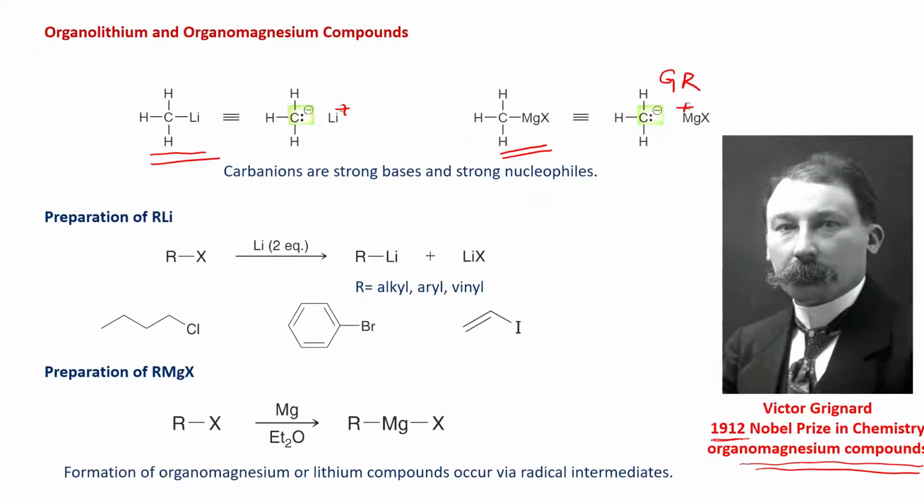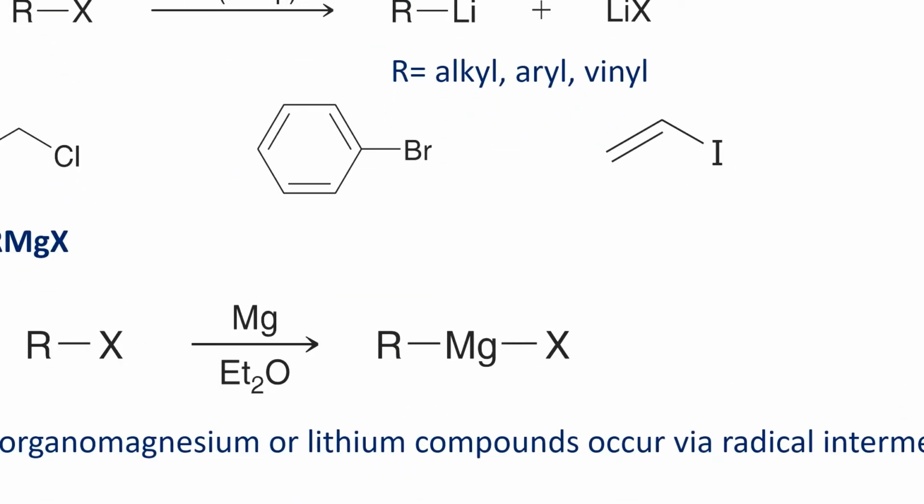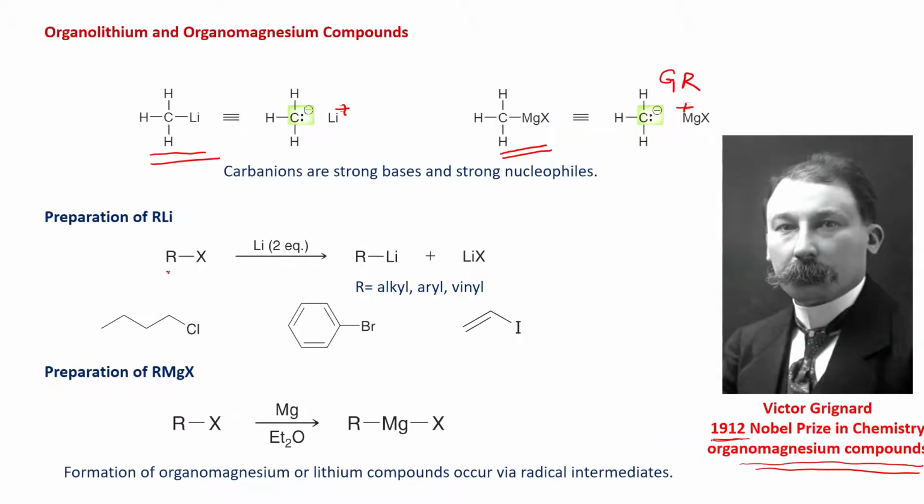And how do you prepare these organolithium and organomagnesium compounds? First you take an organohalide. When you treat the organohalide with lithium, it will give you an organolithium and a lithium halide compound.